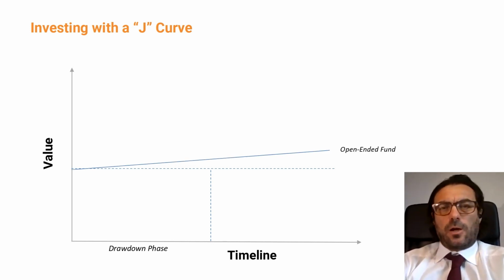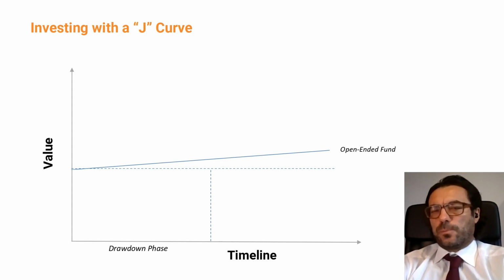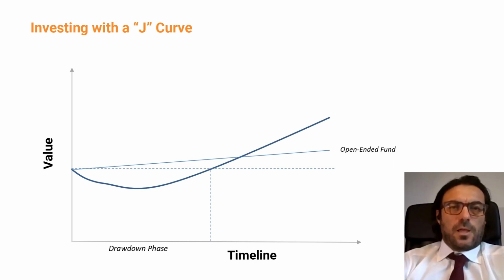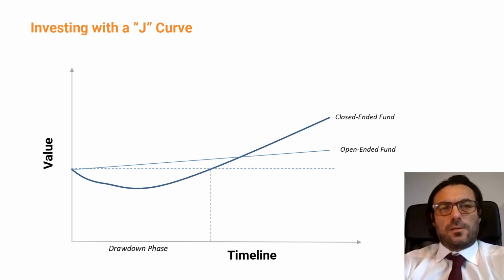Now, typically the open-ended fund will have a quite regular upward slope, because as soon as you invest money, you start receiving an income, since you are investing in income-generating properties. In the case of closed-ended funds, there might instead be a J-curve.